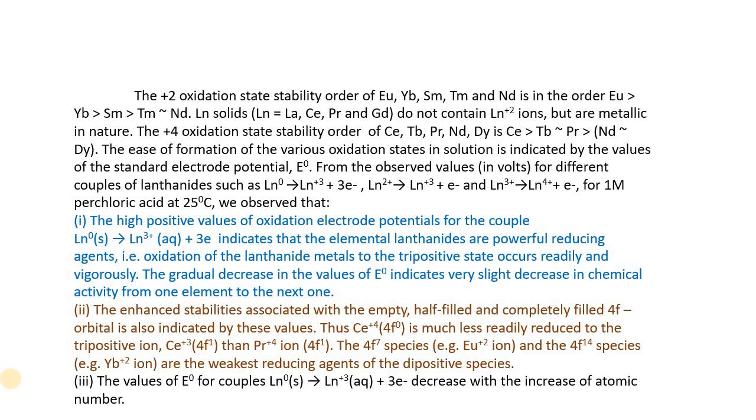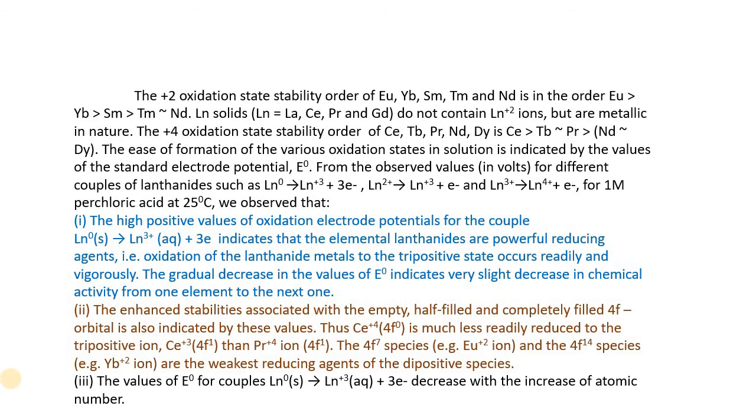The +2 oxidation stability order of europium, terbium, samarium, thorium, etc. are in the order. Check the order. Europium has the maximum stability of +2 oxidation state, and neodymium is the least.